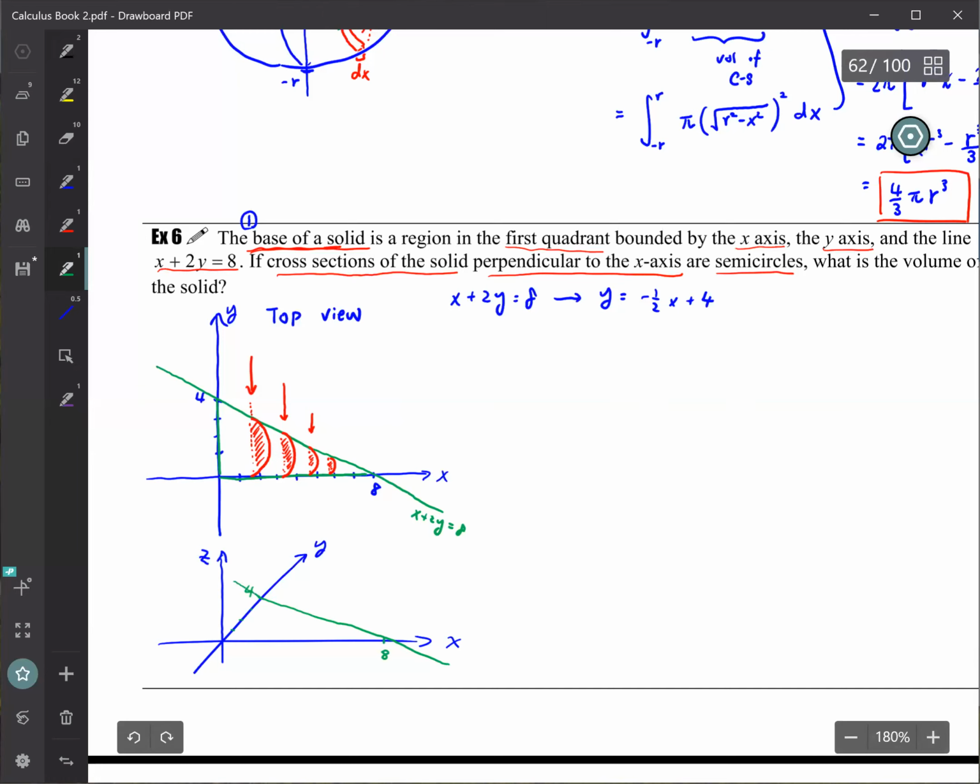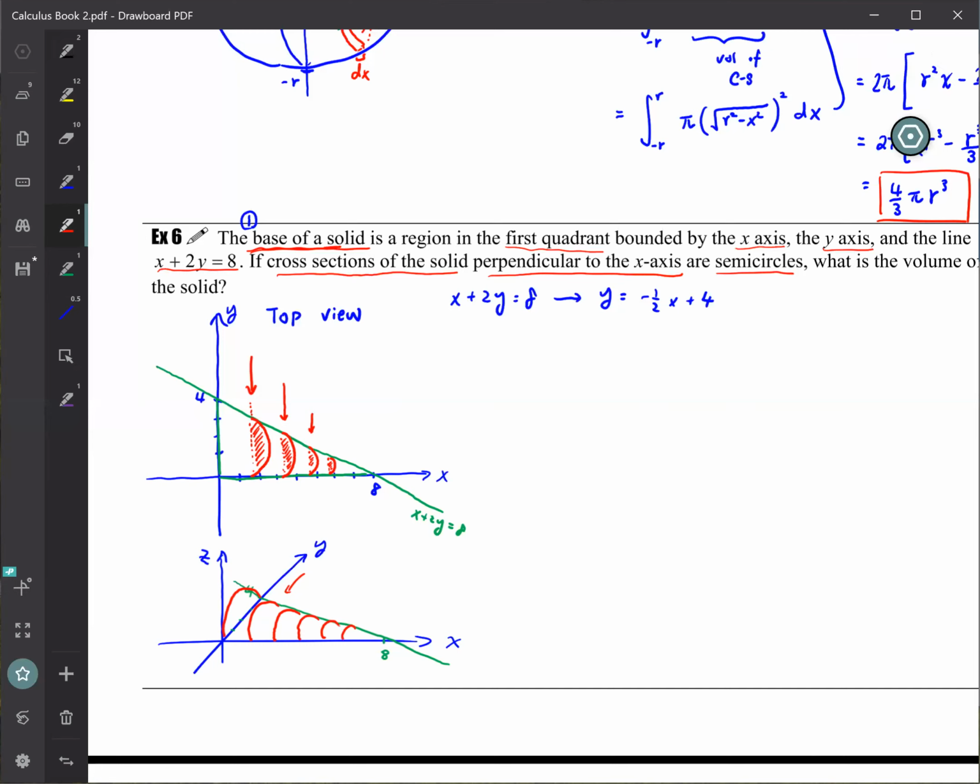Okay, and for the cutting, if I cut here, the biggest one will be here, and it makes a semicircle. If I cut here, it makes another one. So kind of like a cone, right?